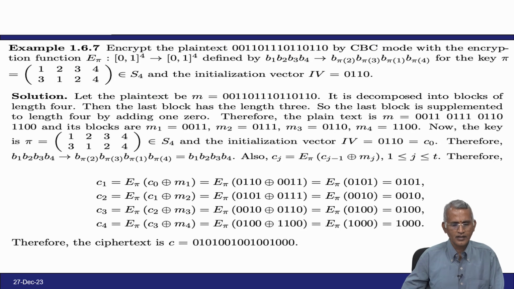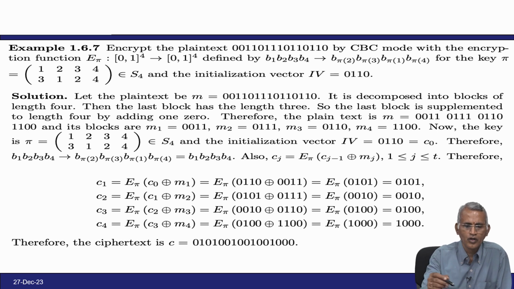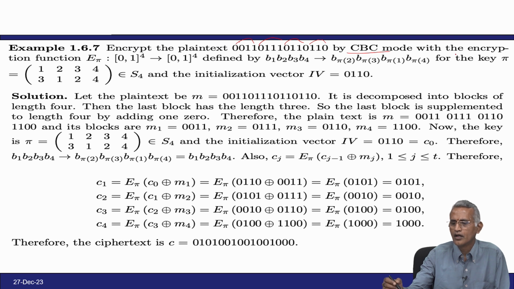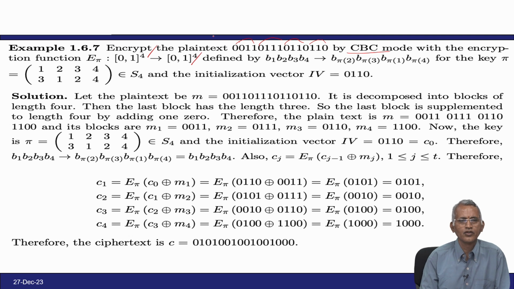Now, another problem with a different code. Encrypt the plain text 0011, 011, 0110 by CBC code, that is, the mode, with the encrypt function E pi, 4-tuple 0, 1 to 4-tuple 0, 1, defined by B1, B2, B3, B4.